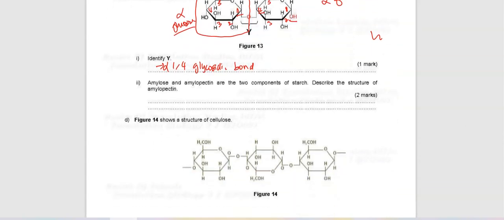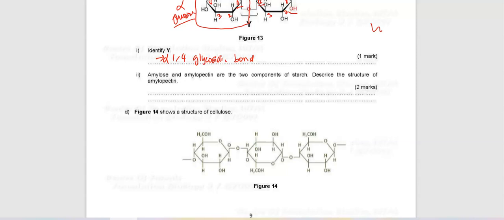Number 2, it says here amylose and amylopectin are the two components of starch. Describe the structure of amylopectin. The basic knowledge you have to know is that the structure of amylose is helical. Amylopectin is also helical, but it has branches.